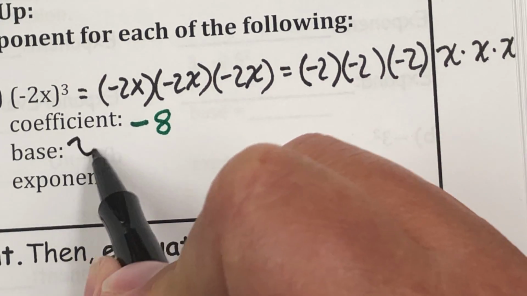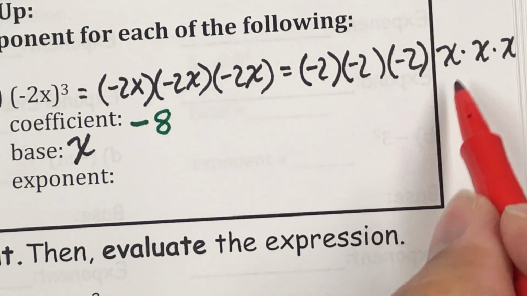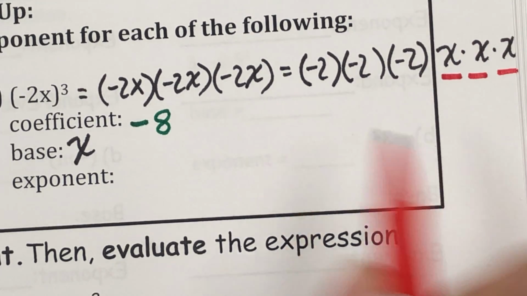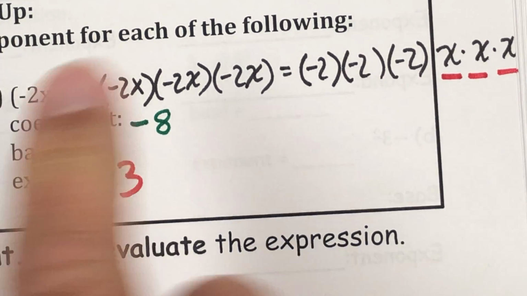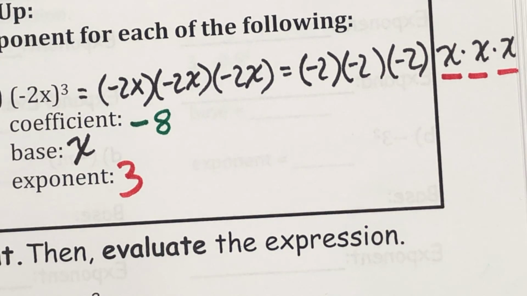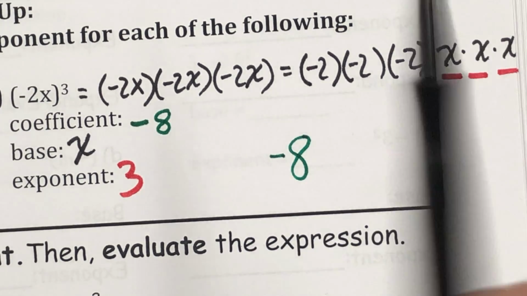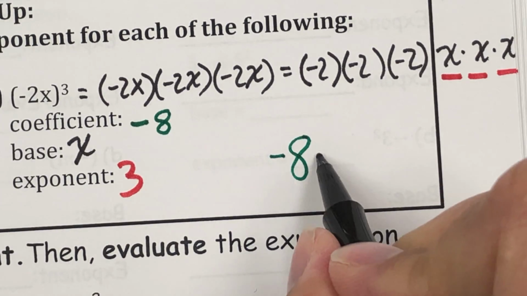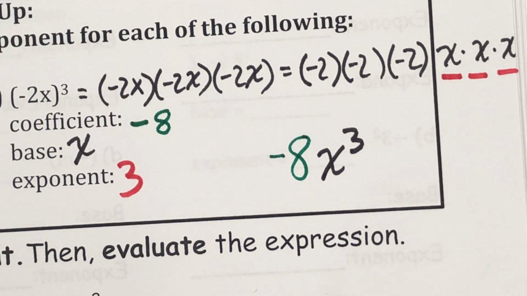That's my base, x. And my exponent, well, let's see, I have 1, 2, 3 x's. So my exponent is 3. So I could actually rewrite that as -8x to the 3rd.